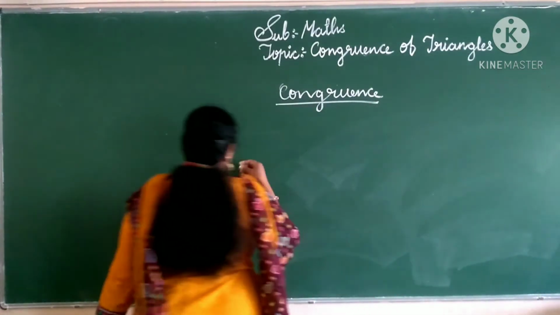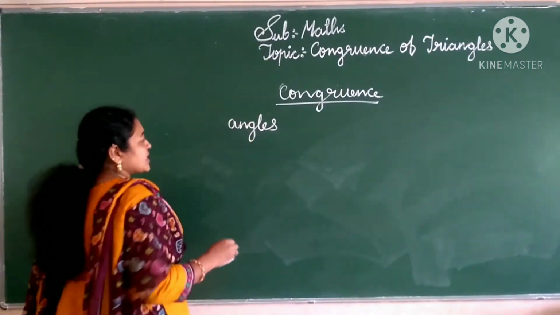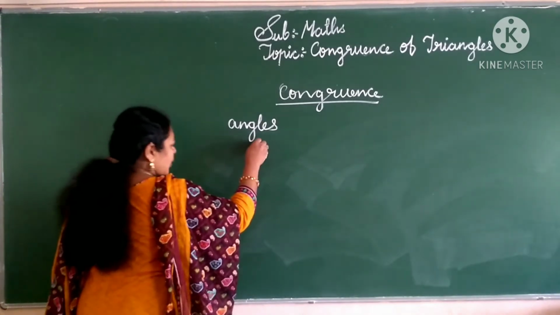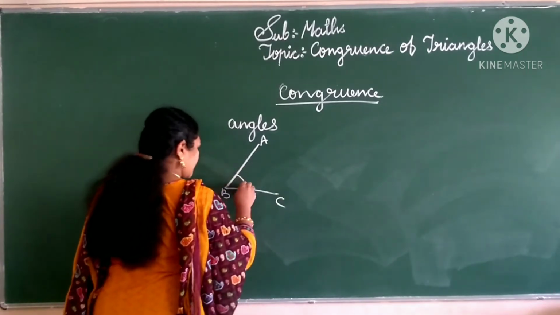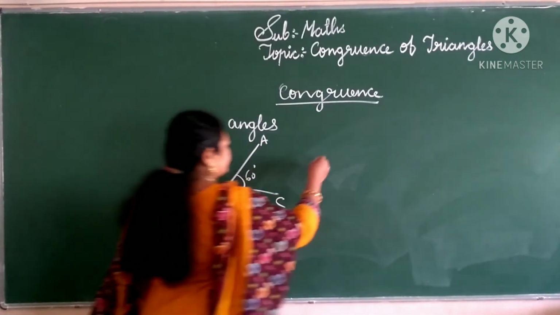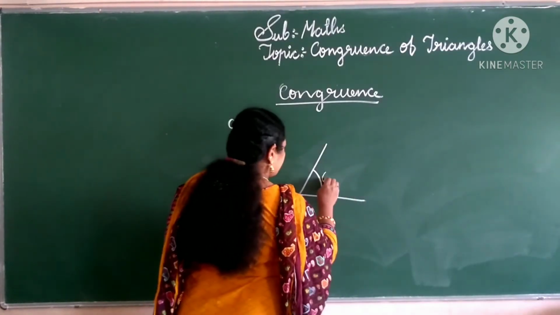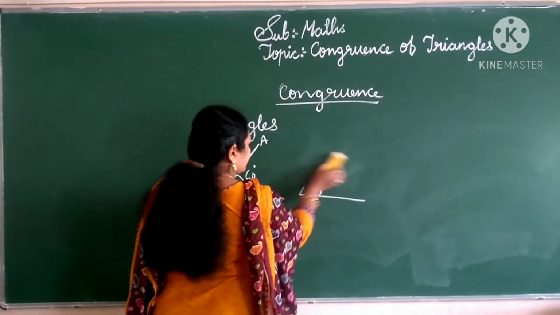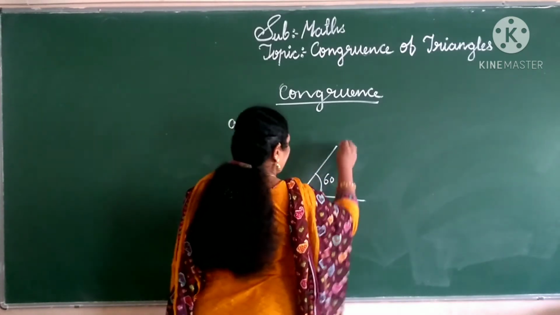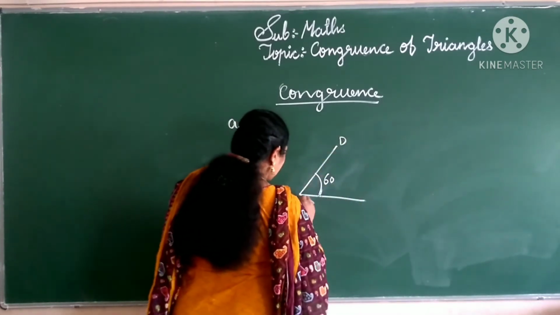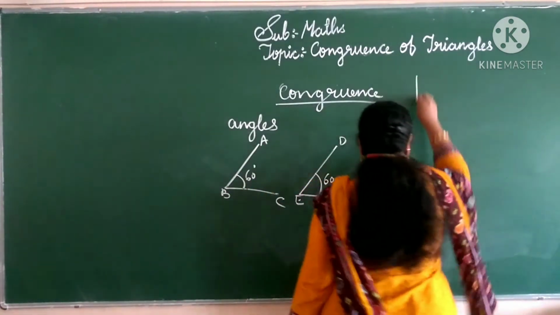Now, let us see congruence in angles. Let us take two angles like this. Angle ABC is 60 degrees, and angle DEF is 60 degrees.